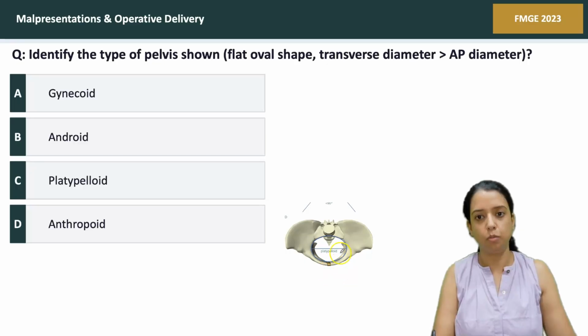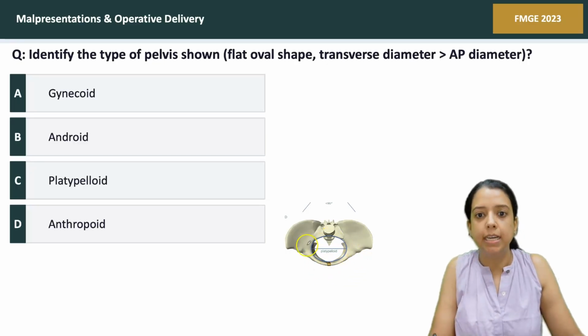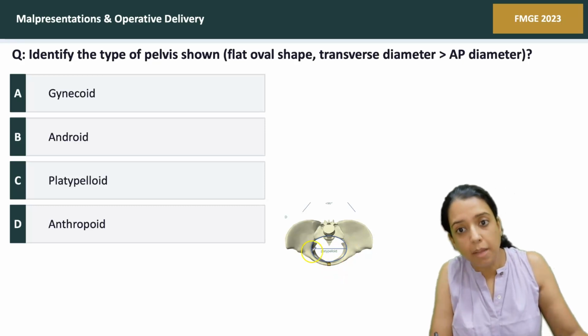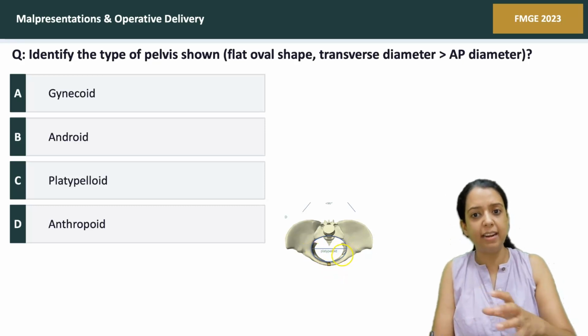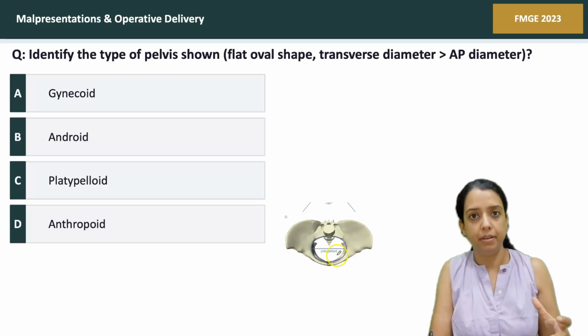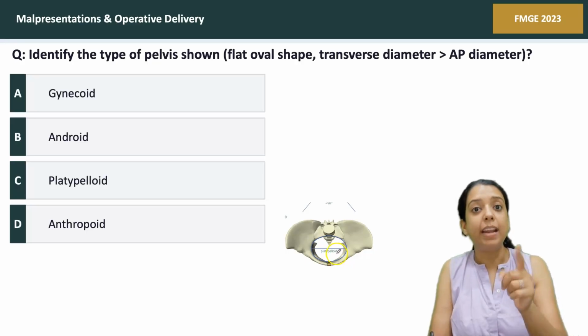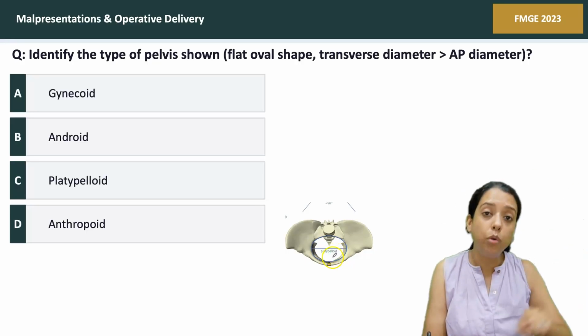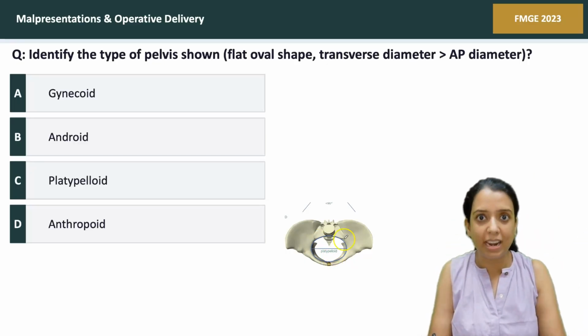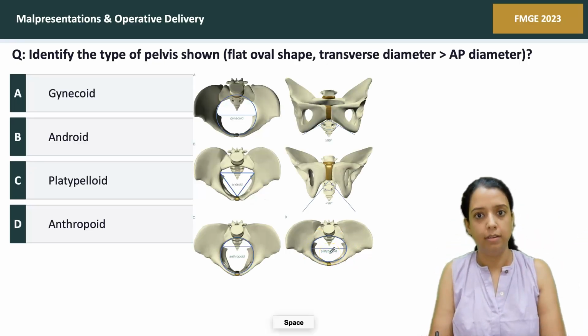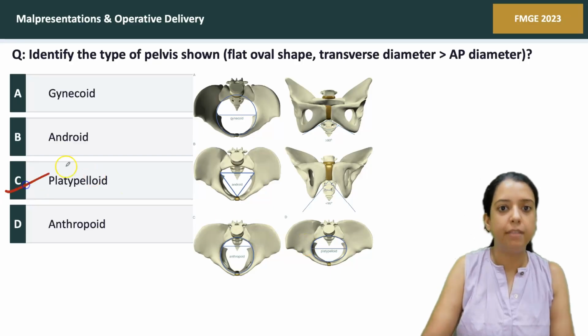Identify the type of pelvis. What is this pelvis? Does it look something like gynecoid or is the transverse diameter more? And it is more flat. Compare it with the gynecoid pelvis. Gynecoid pelvis is round. The inlet is round. It is not like this transversely oval. So this is platypelloid pelvis.